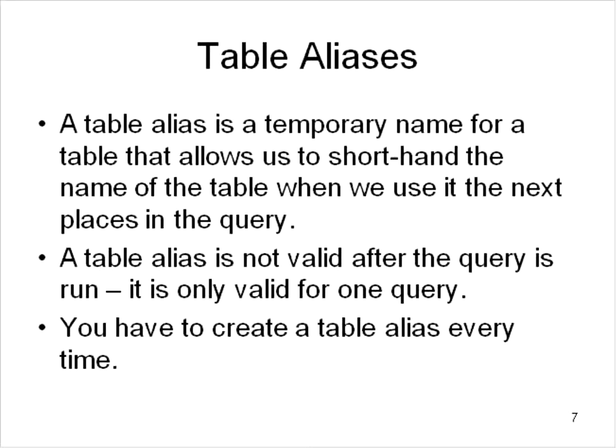So instead of saying EMS.jobcode equal jobs.jobcode, you just say E.jobcode equal J.jobcode, and that's the table alias. But the E does not exist after you have hit the enter key and run that query. Okay, that's as far as the E will exist. That's as long as the E will stay. After that, the E is gone, the J is gone.